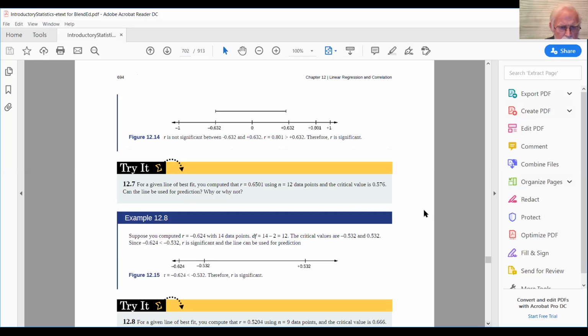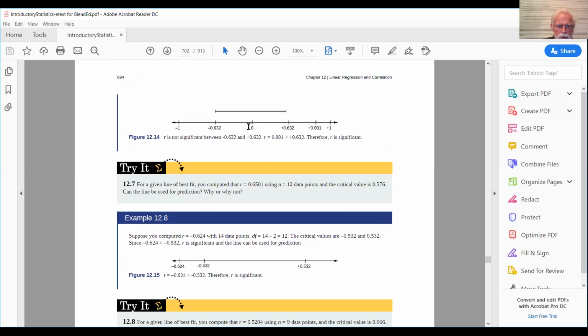When we look at this, if R is between about 0.63 and -0.63, we are saying that R is not terribly significant.